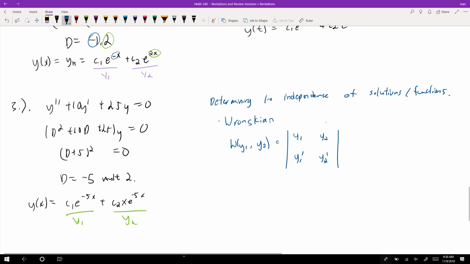So let's do the example that we have right here. y1, just drop the constant, is e to the negative 5x, and then you have negative 5 e to the negative 5x. Then y2 is x e to the negative 5x, and down here there's some nasty product rule work you have to deal with, but you end up with (1 minus 5x) e to the negative 5x.